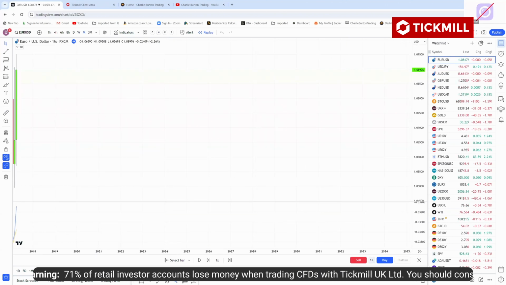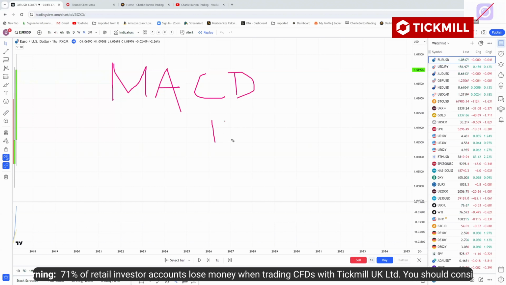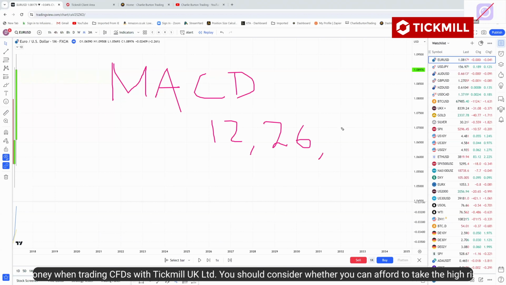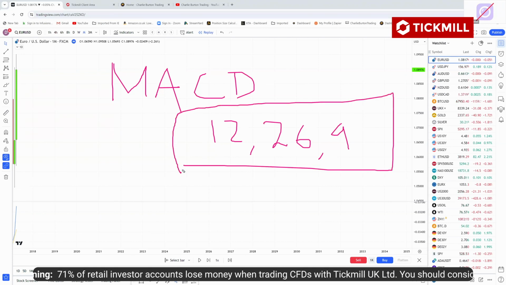The divergences I use are using a straightforward MACD indicator, with the standard settings of 12, 26, and 9. That is the default setting in your charting package. Whatever charts you use, they will usually default to 12, 26, and 9.